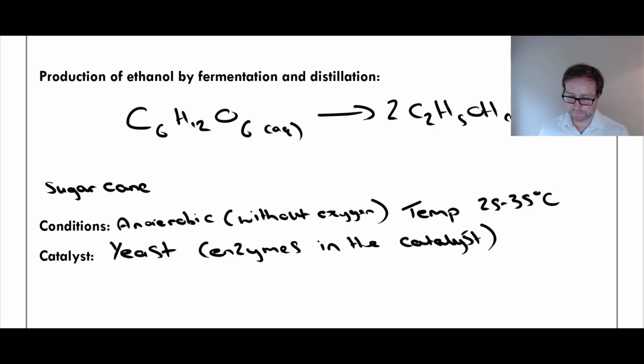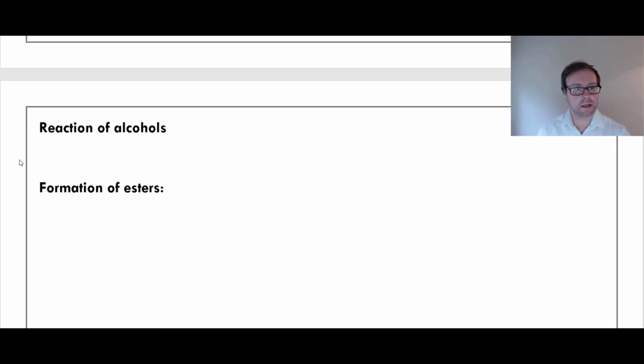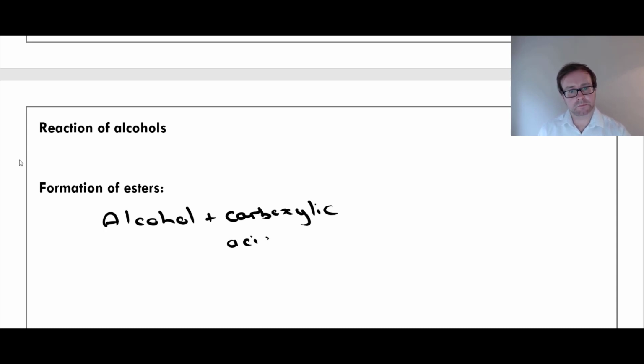Okay, so moving on. Reactions of alcohols. Right, so the important reactions that you have to be able to remember and use. So if I have an alcohol plus a carboxylic acid, will be an equilibrium reaction, I will form an ester plus water.